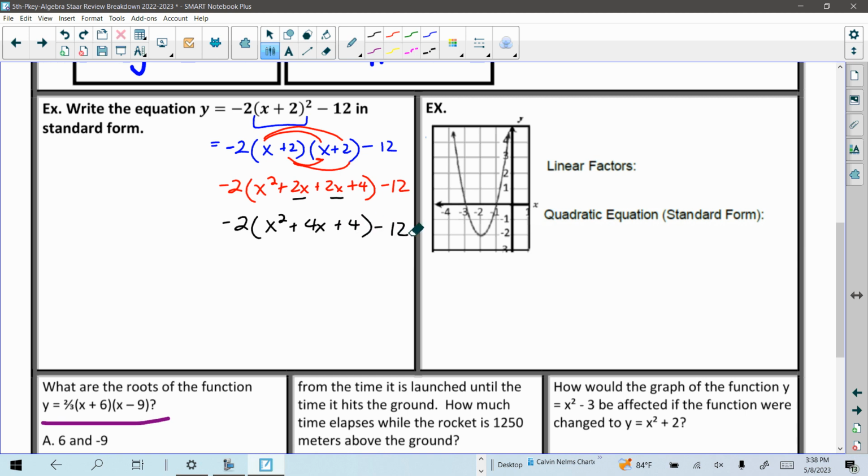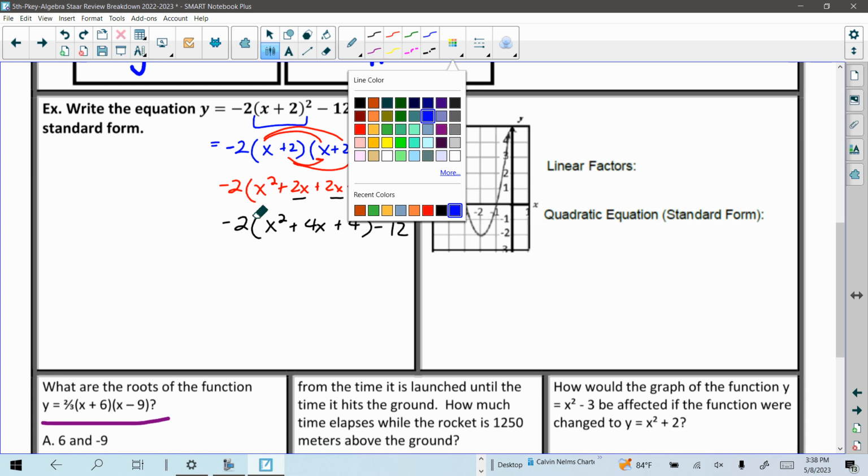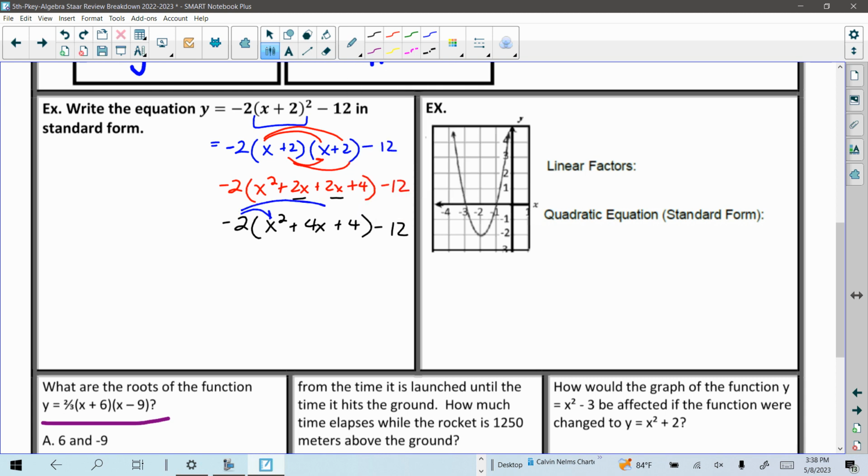So now what needs to happen, hopefully you recognize, you need to distribute now. Oops, that one and then that one, sorry. So this gives you -2x squared minus 8x minus 8, and then we had this -12. Sorry, not -16, -8. Then the -12.